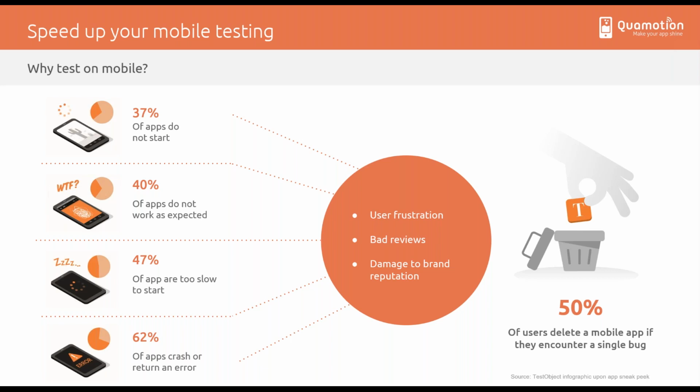For example, what we've seen in the past is a customer who had an application and was getting bad reviews on the Google Play Store because some users reported a white screen when they launched the application. That customer was unable to reproduce the problem, so they were not able to help those users. In the end, they came to us and were able to test their application on lots of different devices.